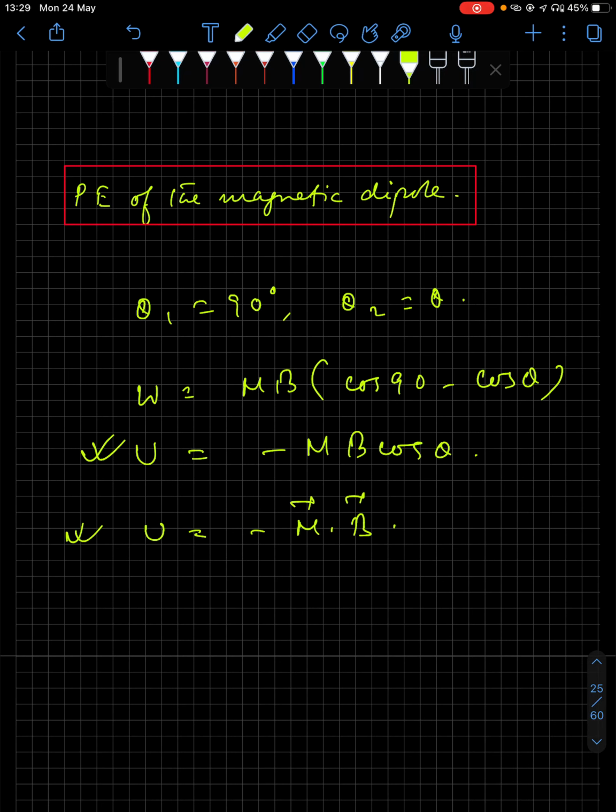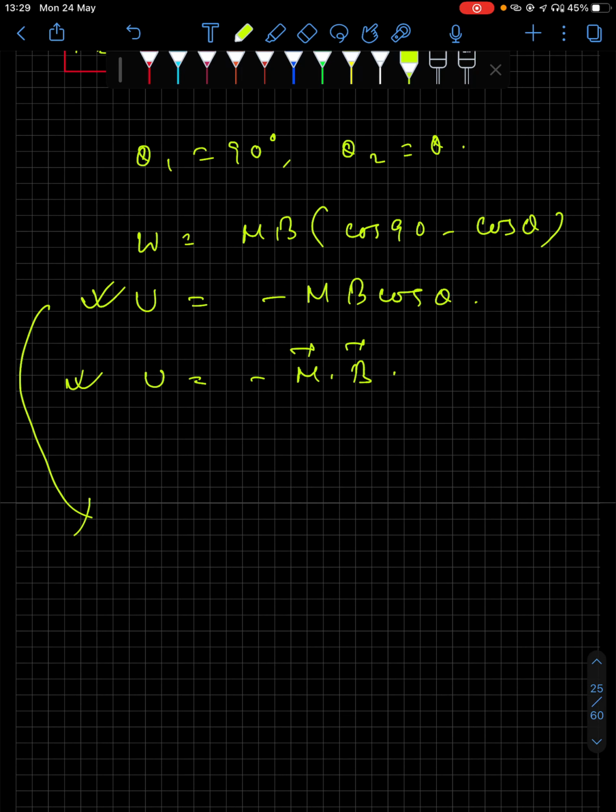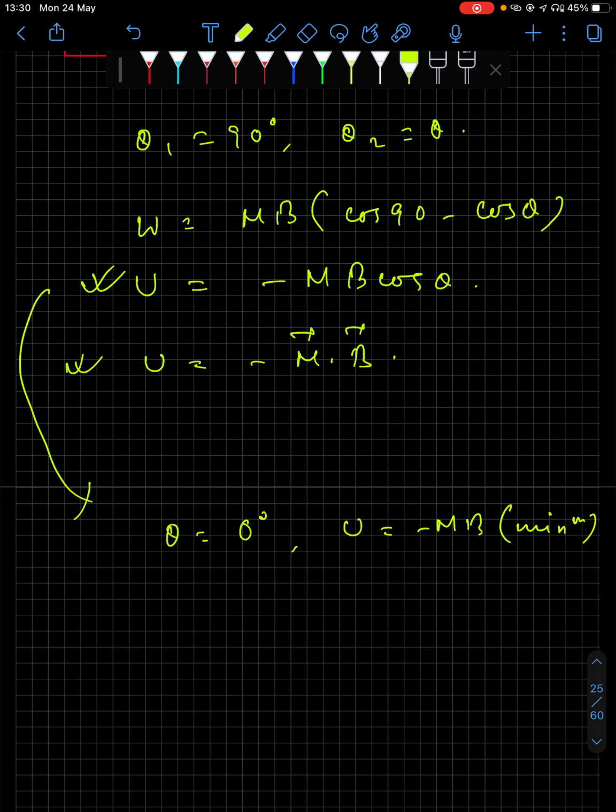So this is the other relation for potential energy. Now we have special cases. If you use theta equal to 0 degrees, then U equal to minus MB, because cos 0 is 1. So minus MB will be the minimum value of the potential energy. Now you know that when potential energy is minimum, the tendency to change from that position will be least.